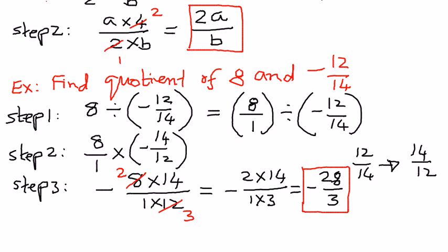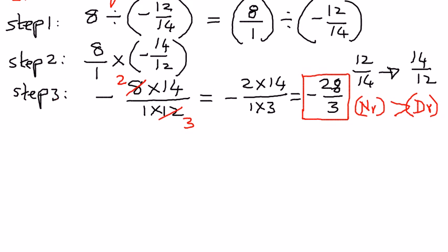As we can see here, the numerator value is larger than the denominator value, and therefore this is in its improper fraction format. We can express this improper fraction in mixed number format as follows. We take negative 28 divided by 3 and then write it out in its mixed number format by performing the long division.